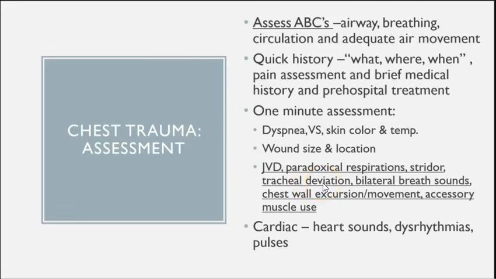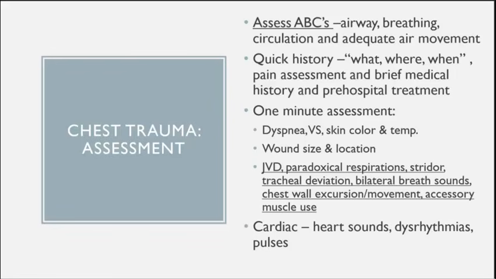We'll see that a lot with your pneumothorax, where the trachea and the mediastinum shift to the opposite side. Do they have bilateral breath sounds? Are they missing breath sounds on one side? Do they have chest wall movement symmetrically? If one side of the chest is not moving, that's a big problem. And are they using their accessory muscles to breathe?